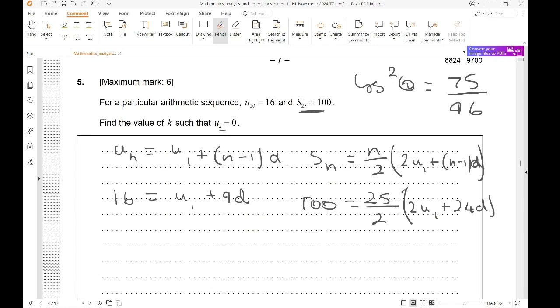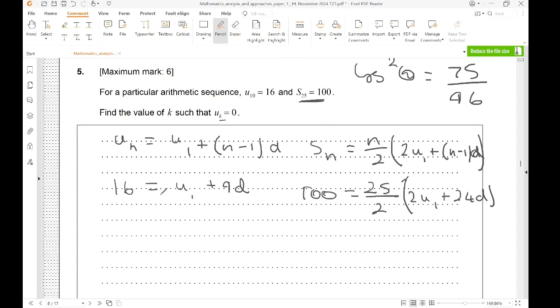So here we created two linear equations that we have to solve. So 16 is equal to u1 plus 9d, and over here we can expand and simplify. So 100 is equal to 25 over 2 times 2u1, so this and this cancel, so it becomes 25u1 plus 25 times 24 over 2, which you can cancel out with the 24, so it's just 25 times 12, and then you can solve from there.